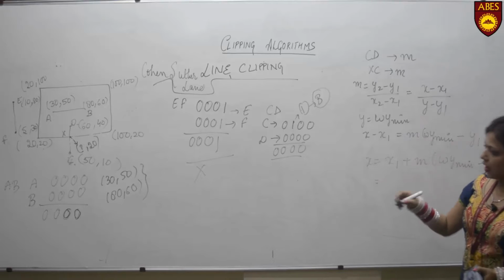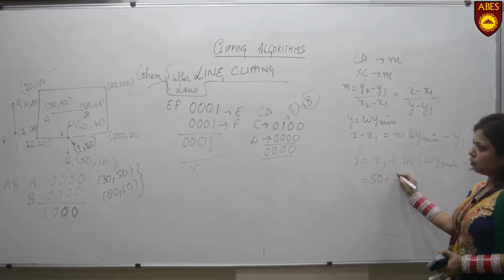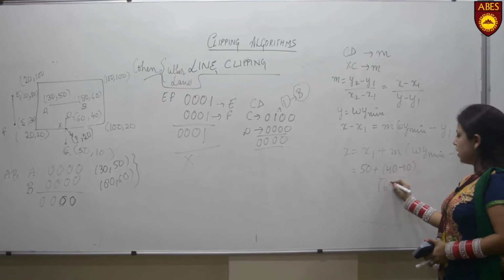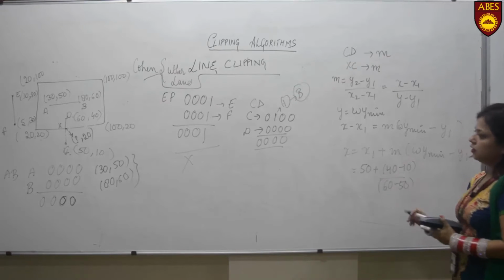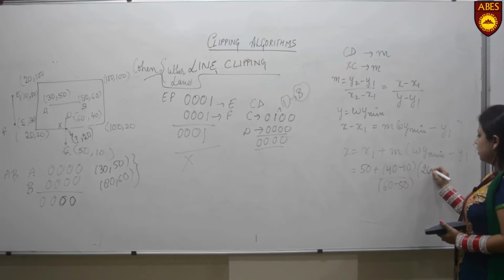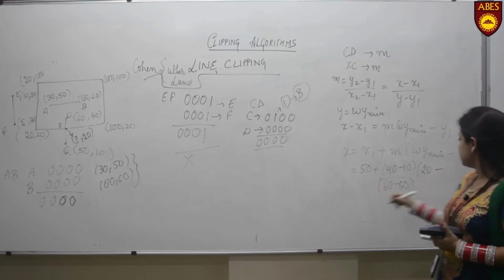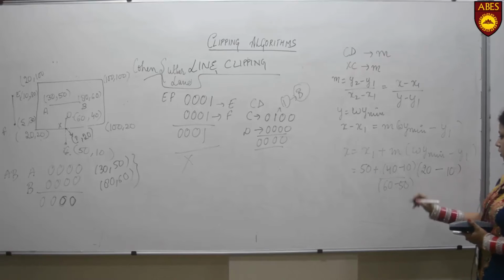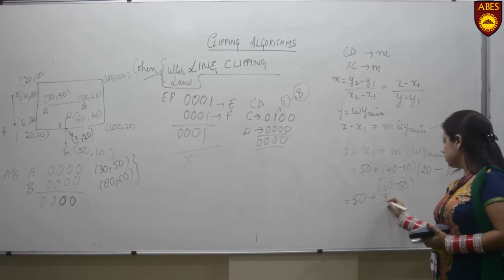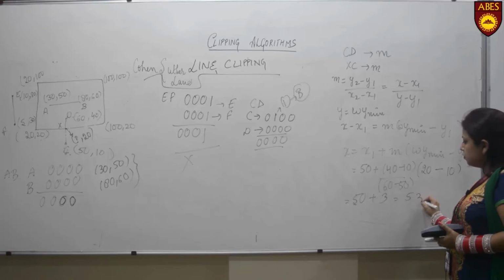Let's do it. The value of x1 was 50. The value of slope would be equal to 40 minus 10 upon 60 minus 50. The value of y minimum was 20 and the value of y1 was, again, 10. So when we solve this, what we get is 50 plus 3, and so the answer is 53.